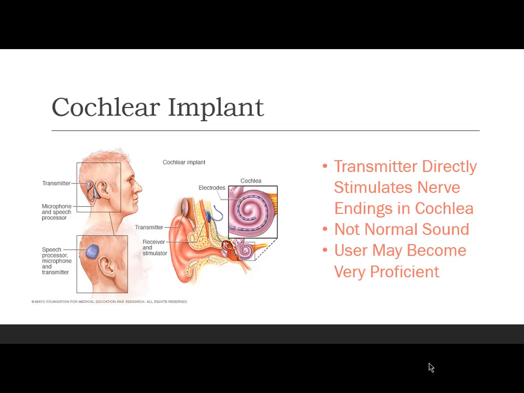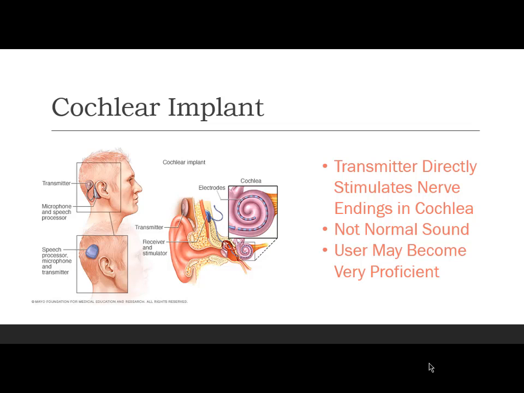That then is connected to an internal structure that has been implanted surgically, and this takes those sound waves and converts them into electrical impulses, which then go directly into the user's cochlea and stimulate the nerve endings to create a representation of that sound.